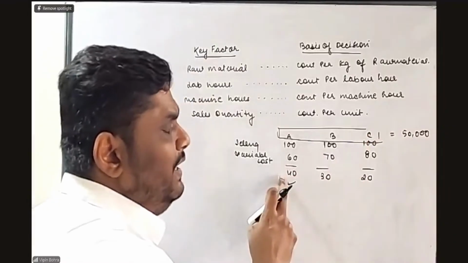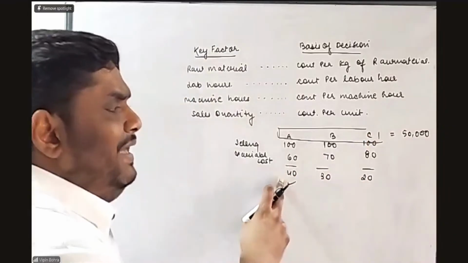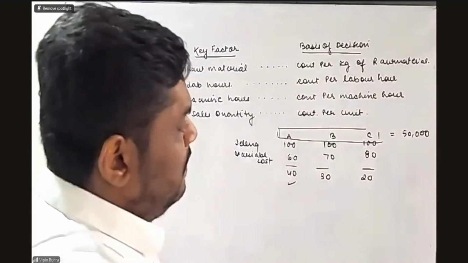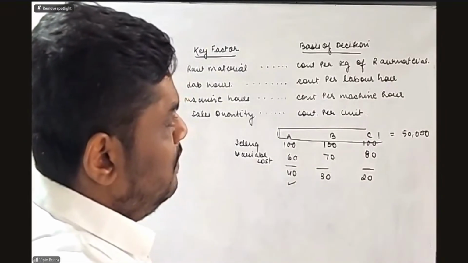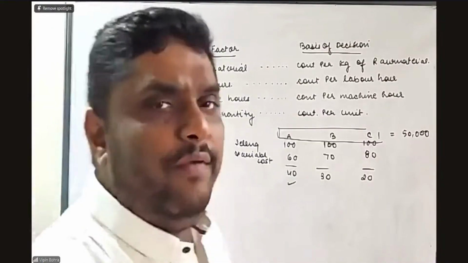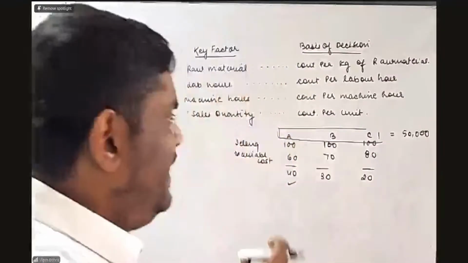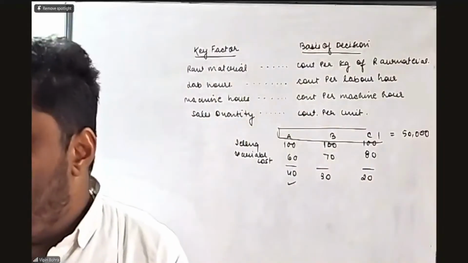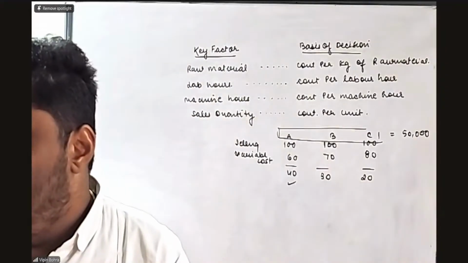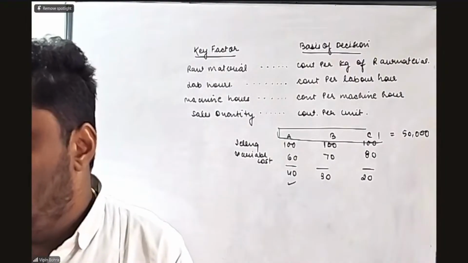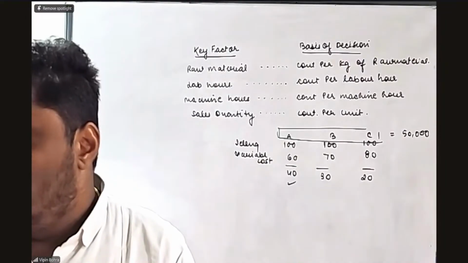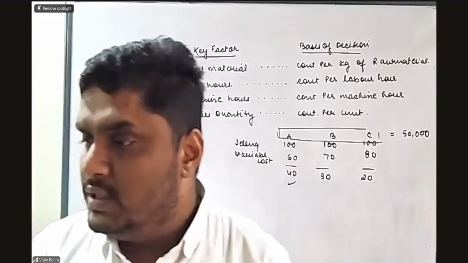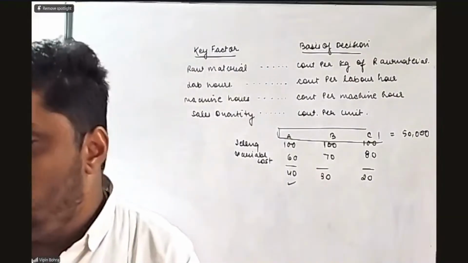So 5 fours are 20. We will get the highest contribution, 20 lakh, in product A. Anyone with any doubts or queries? This is not PV ratio, it is contribution per unit.